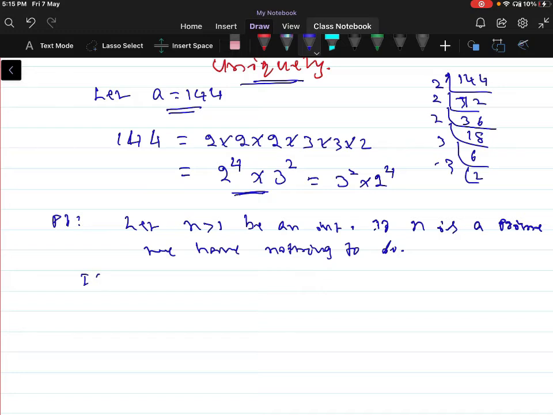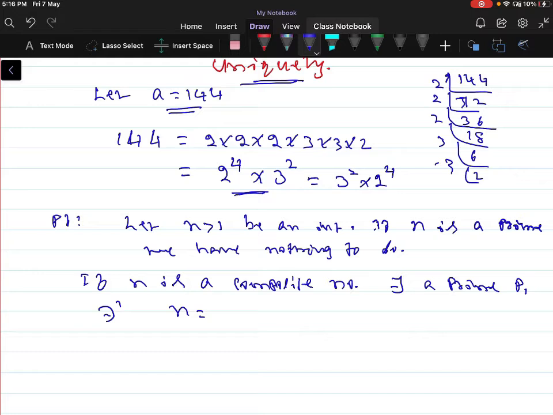If n is a composite number, then there exists a prime number p1 such that n can be written as p1 into n1 for some integer n1.